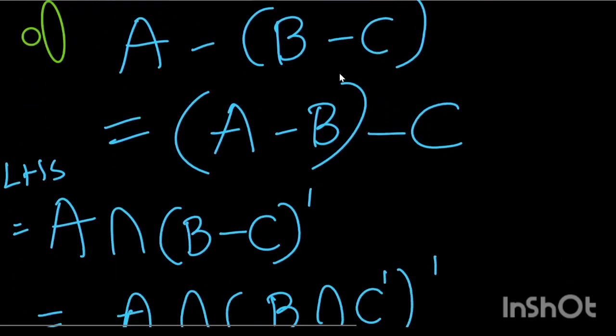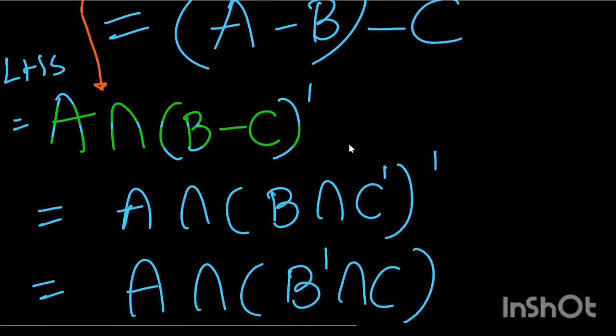A minus B minus C, guys. Now for the LHS, we have to check whether it is A minus (B minus C) or not. So on the LHS, A minus (B minus C) can be written as A intersection (B minus C) dash. Now B minus C, from the definition of difference of two sets, can be written as B intersection C dash.